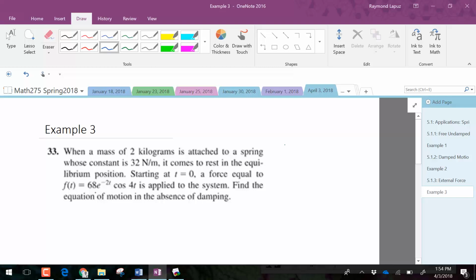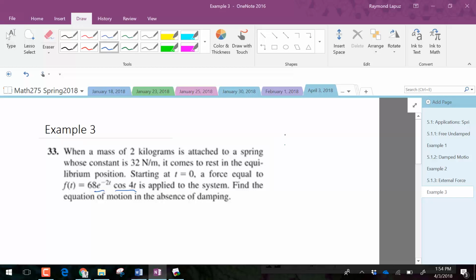If it's simple enough, and I don't know if you would consider this simple, then you can use undetermined coefficients because it's a combination of the four functions that we know of.